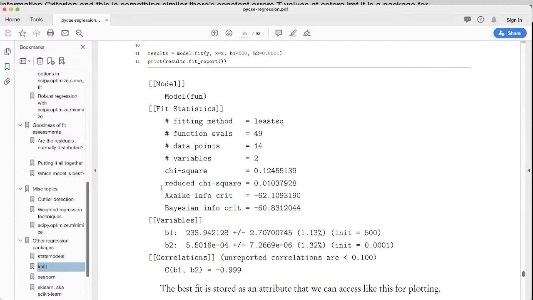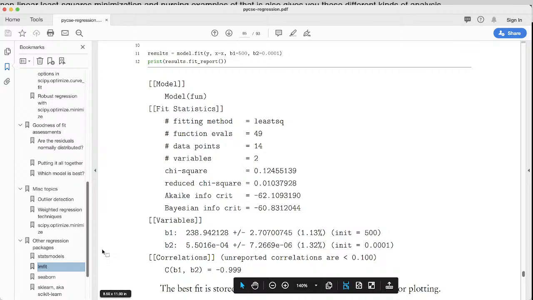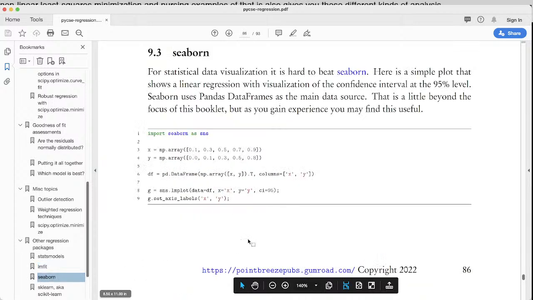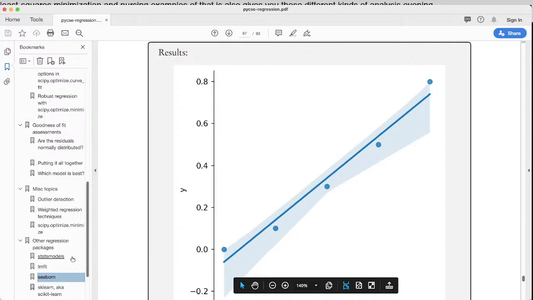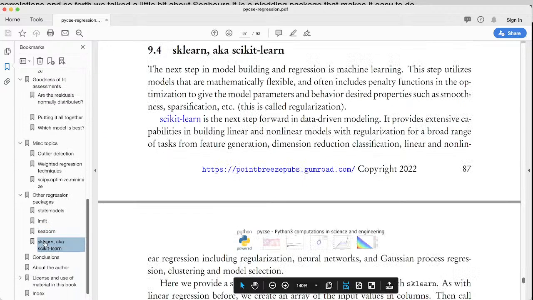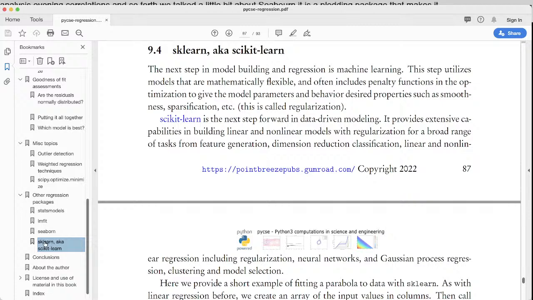This also gives you these different kinds of analysis, even correlations and so forth. We talk a little bit about sklearn. It is a plotting package that makes it easy to do statistical analysis, and very briefly touch on sklearn or scikit-learn as the next step in data-driven modeling.